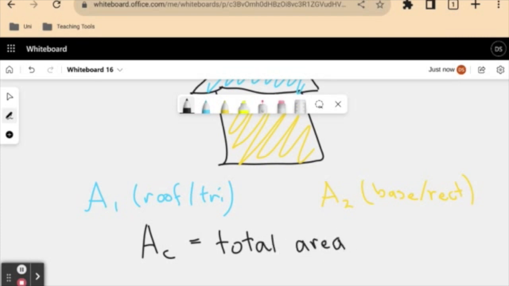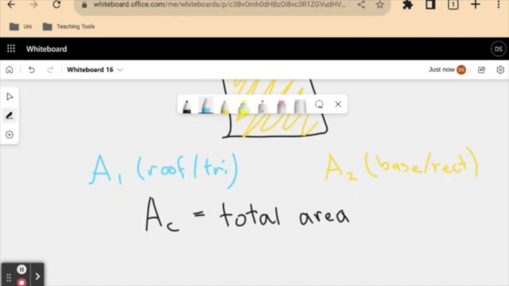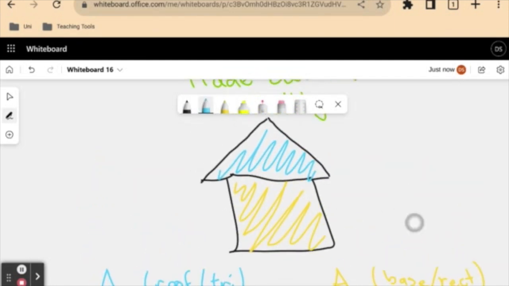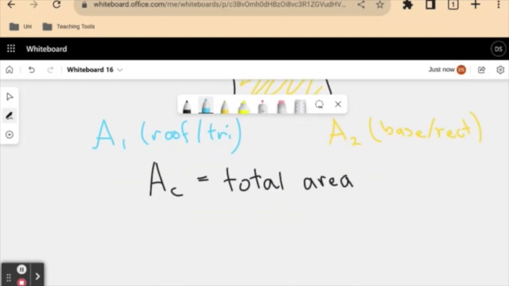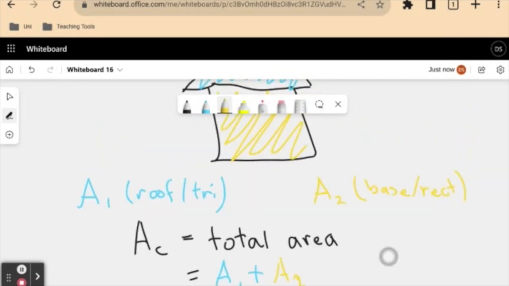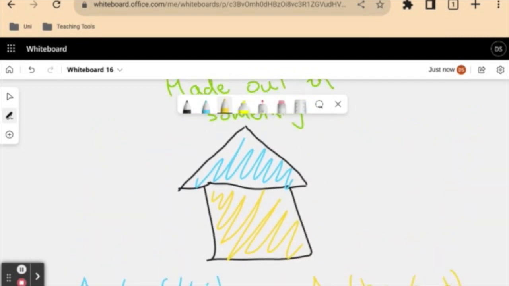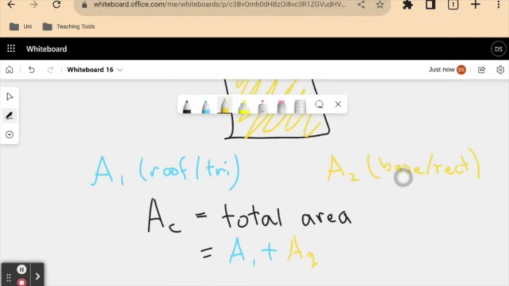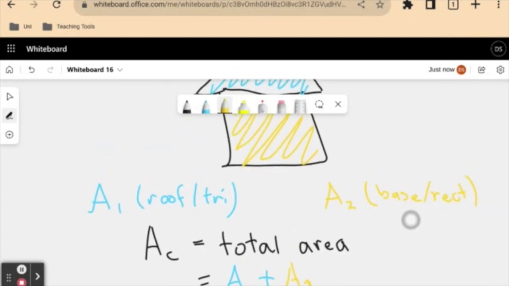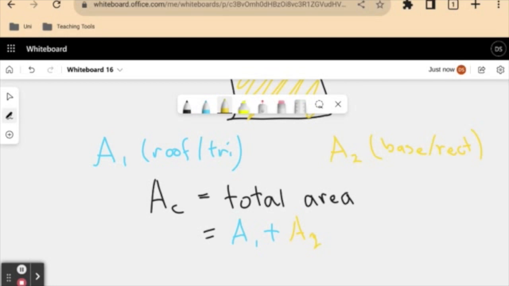Or another way to write a total would be adding our two areas. So that would be our area 1 plus our area 2. So the basic composite shapes we deal with, something like this one, for example, finding the actual area will just be summing the total areas.